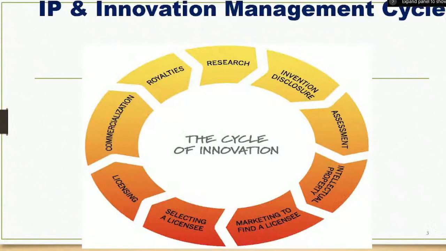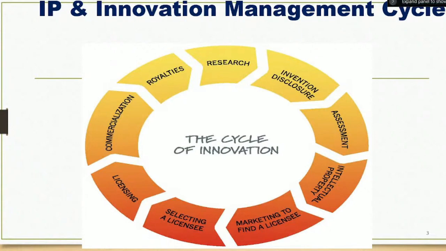So what is the IP innovation management cycle? We all should know where IP generation starts, where it ends, and what its cycle is. Actually, as I told you, there are 3 phases in IP management, or the IP life cycle. What is that IP life cycle?